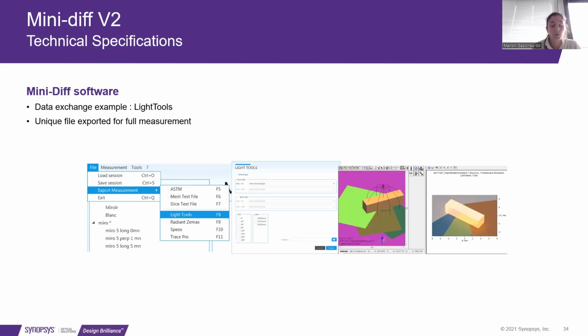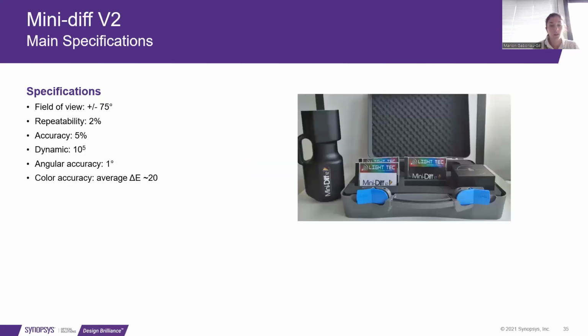So for a measurement with several angles of incidence or colors, you will have only one file. To recap some specifications, the field of view is around plus or minus 75 degrees. The repeatability 2%, accuracy 5%, dynamic 10 power 5, angular accuracy 1 degree, and color accuracy 20.